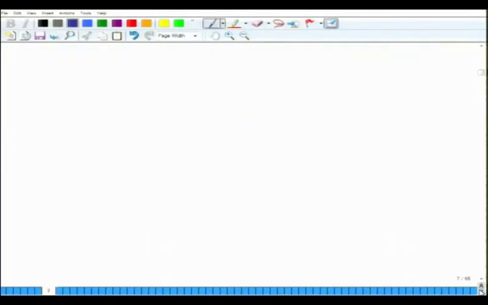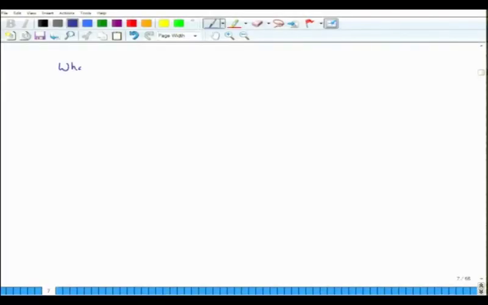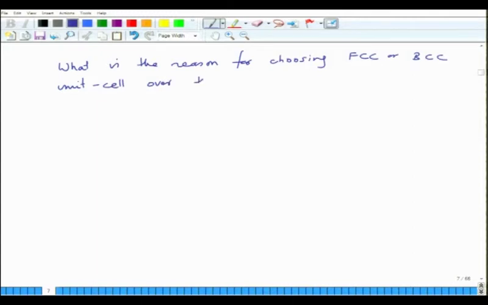Now, one more question that you can ask me is, what is the reason for choosing, for example, in cubic, the FCC or BCC unit cell over their primitive counterparts?